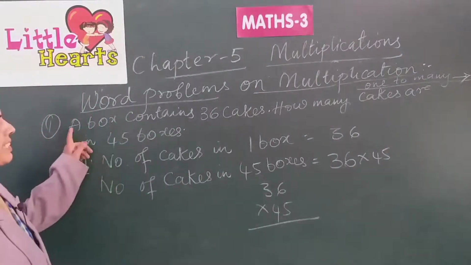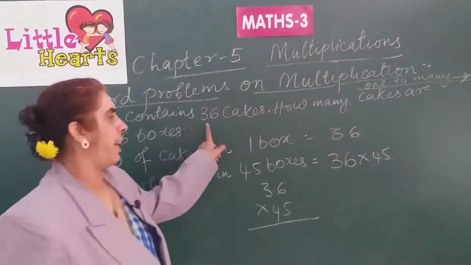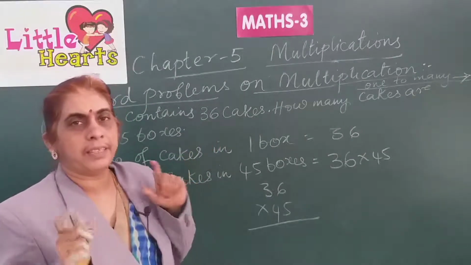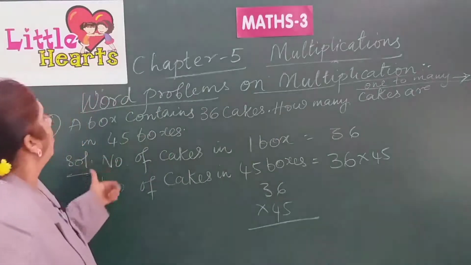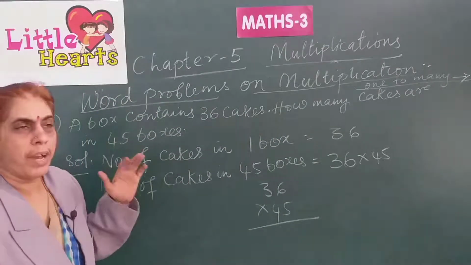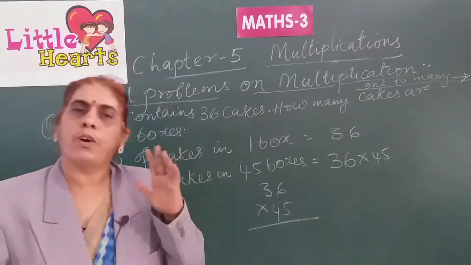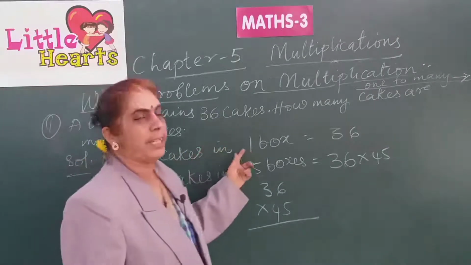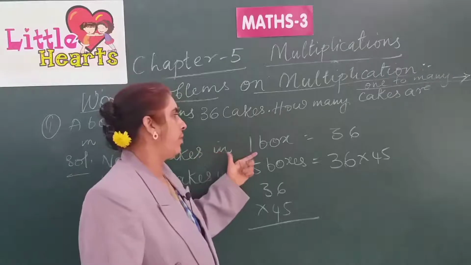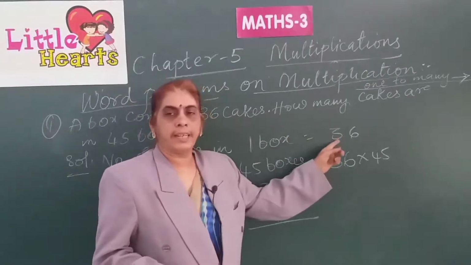So here also is a problem on multiplication only. See, a box contains 36 cakes. One box contains 36 cakes. How many cakes are there in 45 boxes? Find the number of cakes in 45 boxes. So number of cakes in one box, what is given? 36.